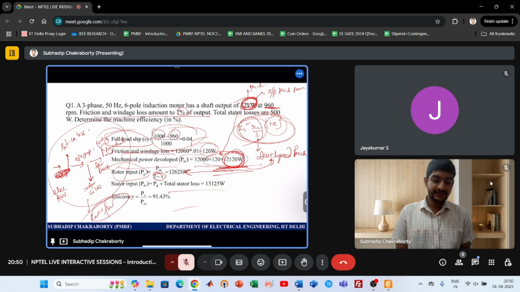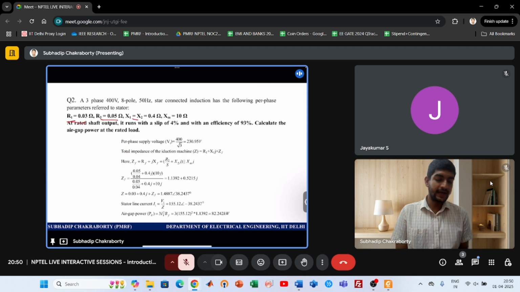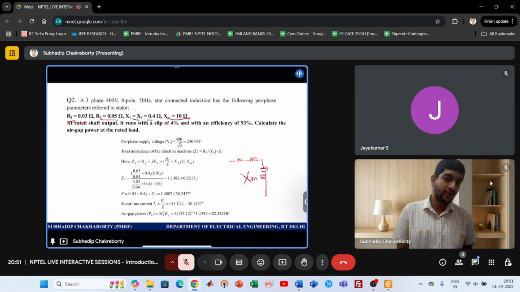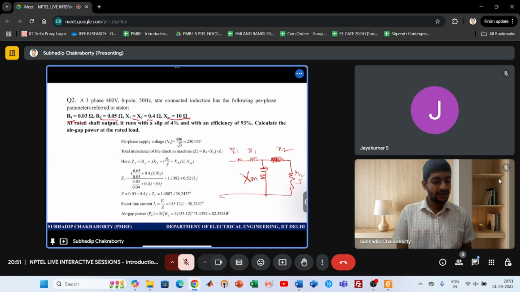Similarly, if everything is given, R1, R2, X1, X2, XM, you need to calculate based on the actual model, right? They are only giving XM, but many times they give RM also. So take a shunt path and then you calculate. R2 by S, X2, R1, X1, XM, everything they are giving. So accordingly you just do network theory, right?